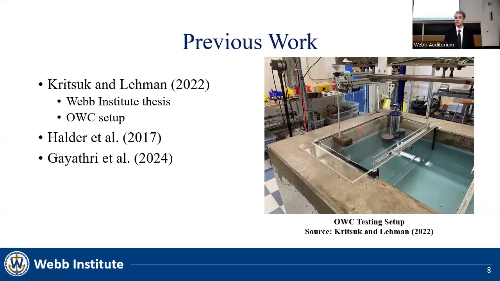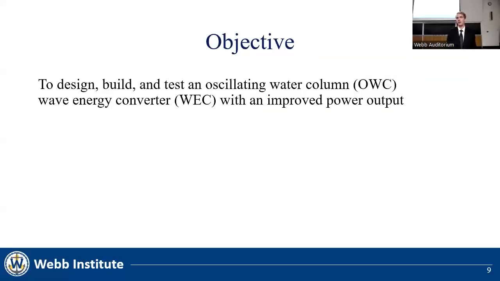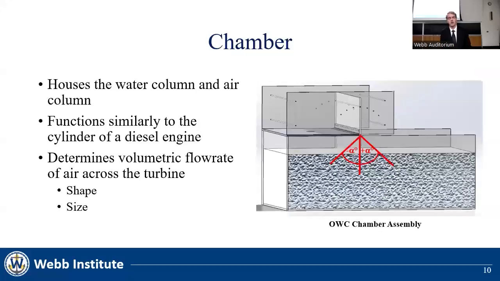Lastly, Gayatri et al.'s paper details the effect of chamber shape on system performance. These findings were then applied to our thesis to improve Kritzuk and Lehman's system, where Andrew and I have focused on improving the power output. Thus, the objective of this thesis is to design, build, and test an oscillating water column wave energy converter with an improved power output.